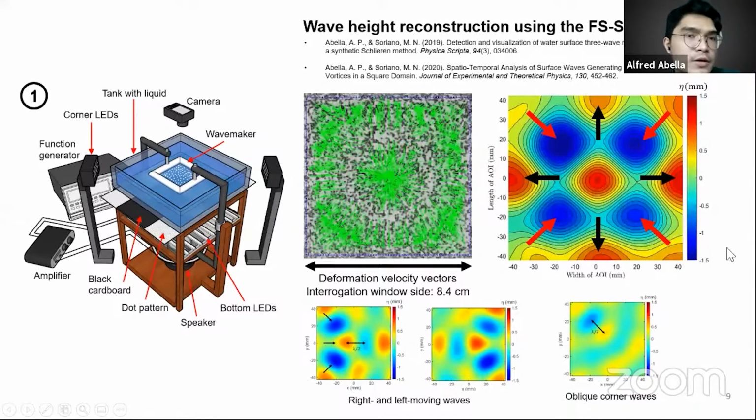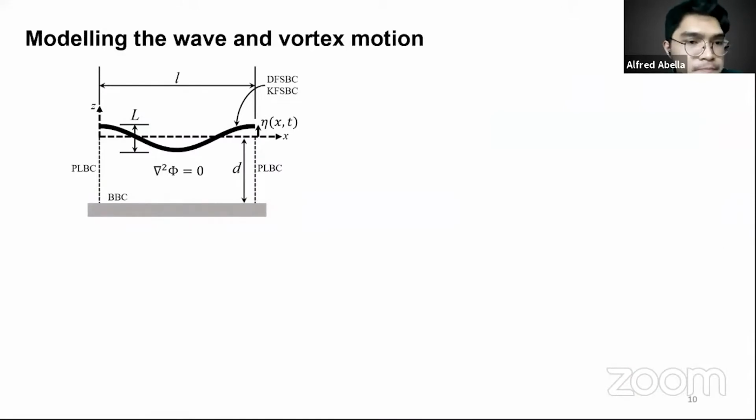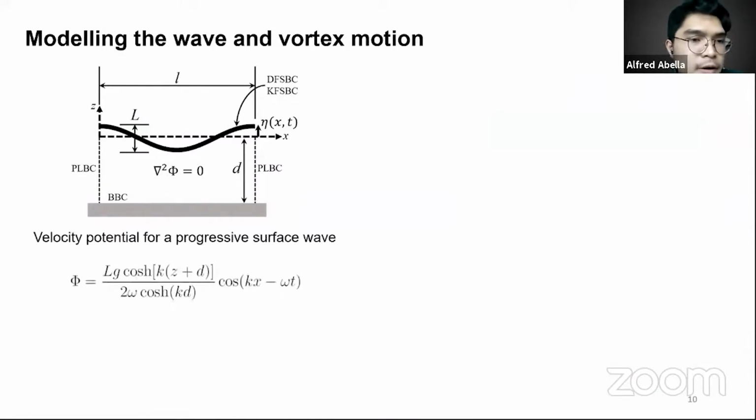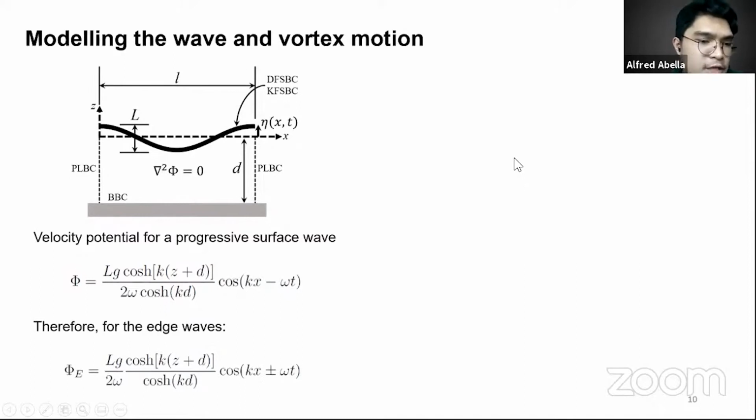Now to model the wave and vortex motion, this is the setup, where L is the crest to trough amplitude. So this is the velocity potential for a right moving progressive surface wave. Therefore, for the edge waves, we copy the same form. This is for the left and right moving waves, and then we replace x by y for the up and down moving waves.